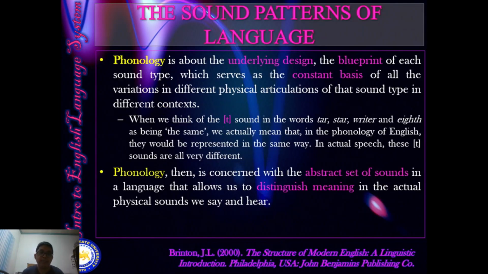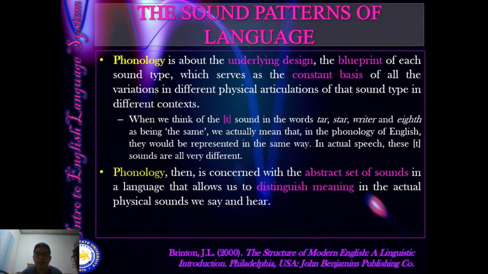Let's go there. Next, phonology, class, is about the underlying design, the blueprint of each sound type, which serves as the constant basis of all the variations in different physical articulations of that sound in different contexts. Now, let's listen to this.